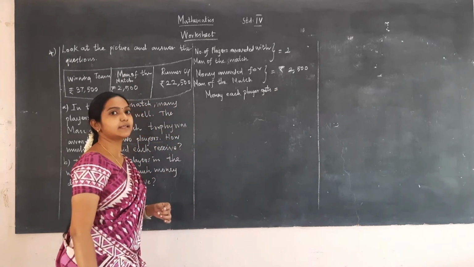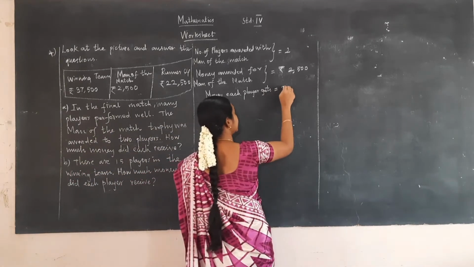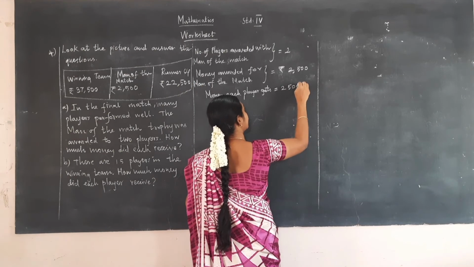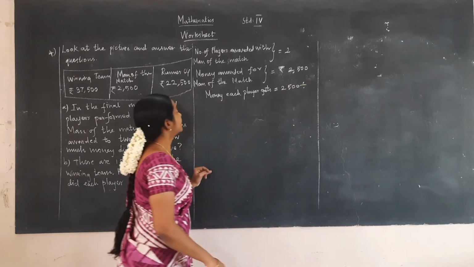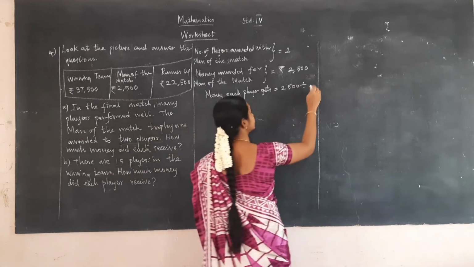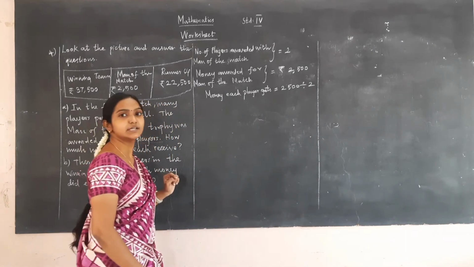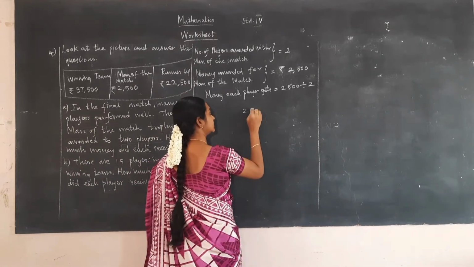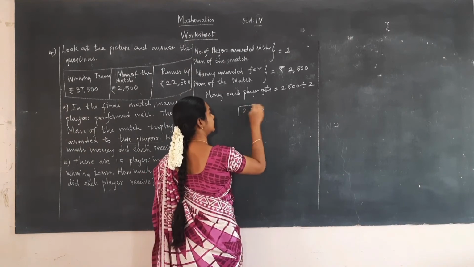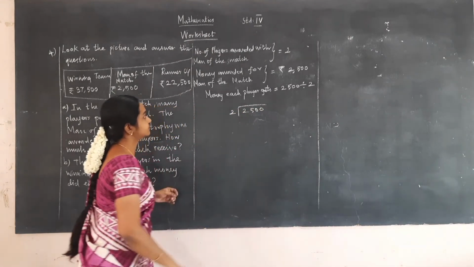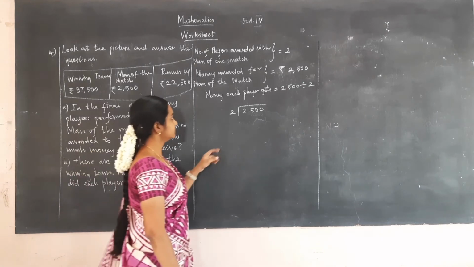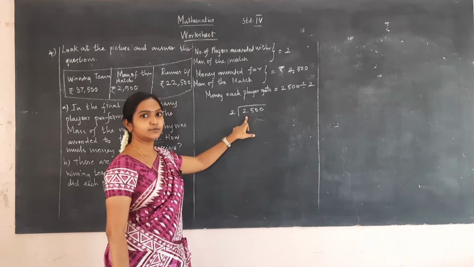Money each player gets is, we have to divide the money 2500 by the number of players. Number of players is given as 2. So we are going to divide 2500 by 2. 1 2 is 2.